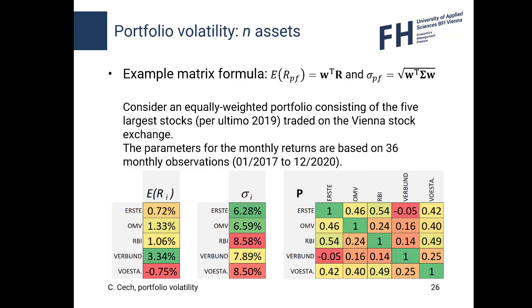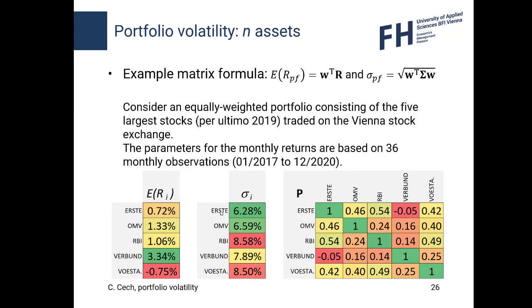How did I calculate the parameters? Well, I calculated the parameters based on the 36 most recent monthly return observations. So what you see here are values for monthly returns. The stocks that we have got are Erste Group, OMV, Raiffeisen Bank International, Verbund and voestalpine.